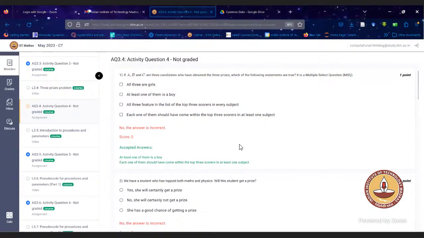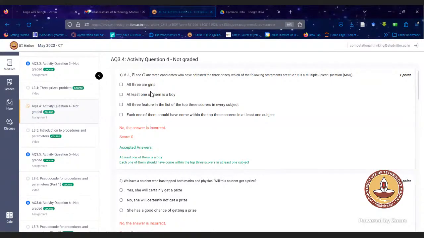Yes, sir. So why is option A incorrect? Because he says specifically that one of the conditions was that you need to have gender representation in the top 3.